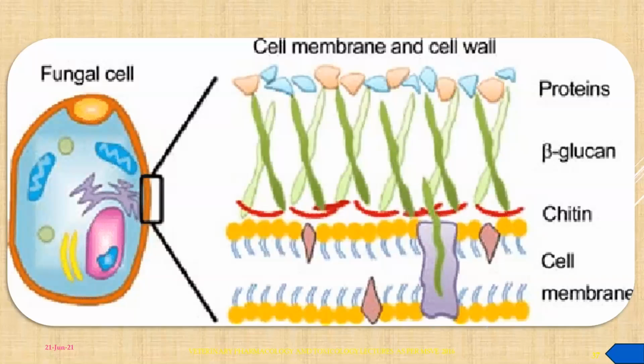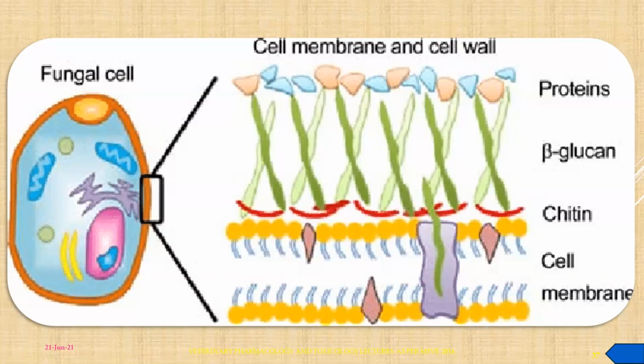This slide is put here to explain how the fungal cell looks. On the left side you can see one fungal cell, containing well-developed mitochondria, nucleus, etc. Coming to the outer coat, where we have some interest, there is the cell membrane and cell wall. The cell membrane is located here and all of them combined form the cell wall.